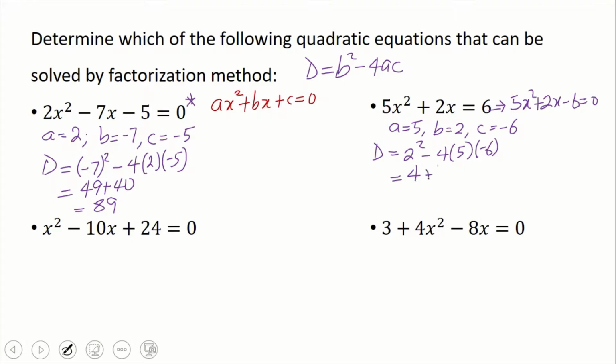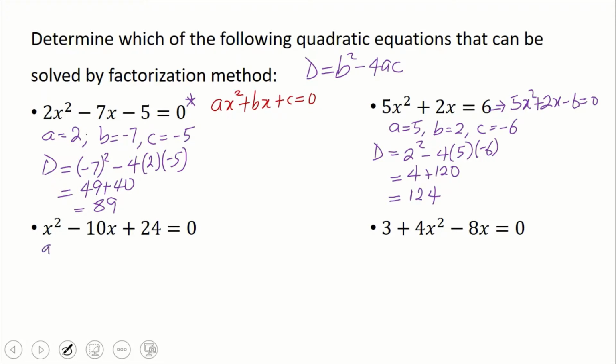That will be plus 120. And 4 plus 120 is 124. And again, 124 is not a perfect square, so which means we cannot actually solve the second equation also by factorization method.